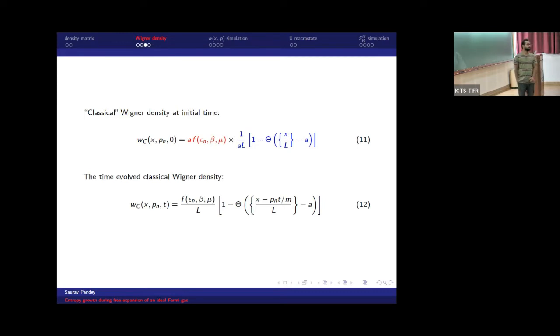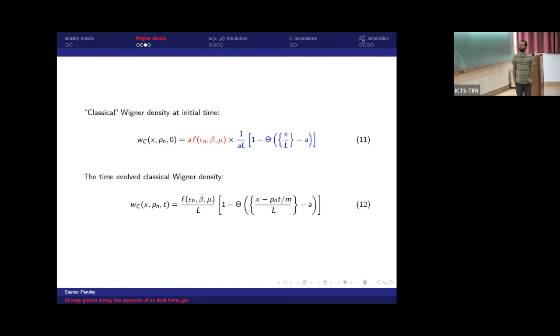This one in the red is the momentum marginal once you integrate out the position, and this one in the blue is the position marginal once you integrate out the momentum. The blue one just says that the real space density is uniform on the box of length A times L. Okay, so this is how you define it initially, and then you let it evolve according to the classical equation.